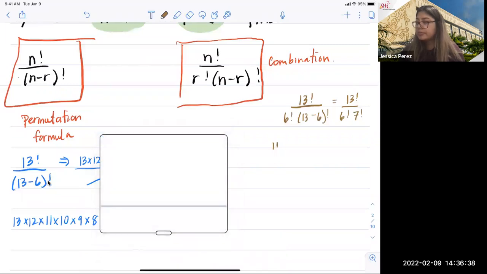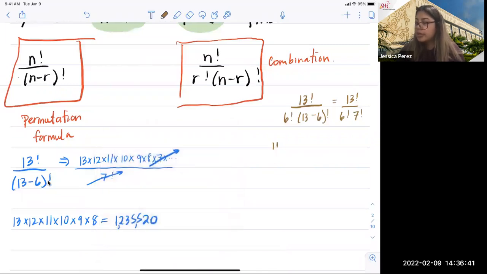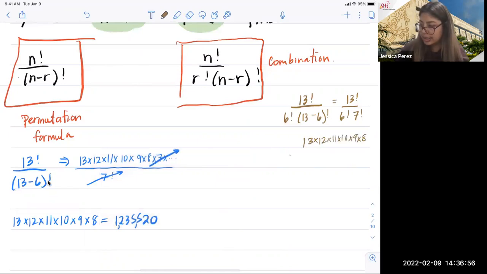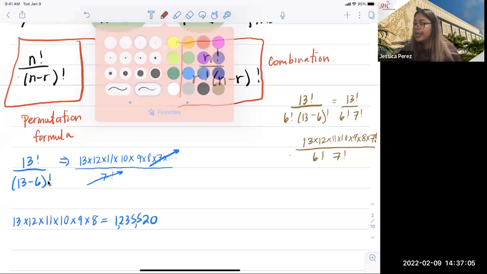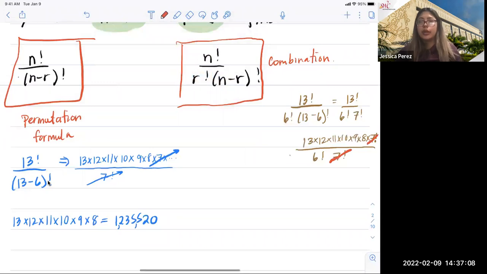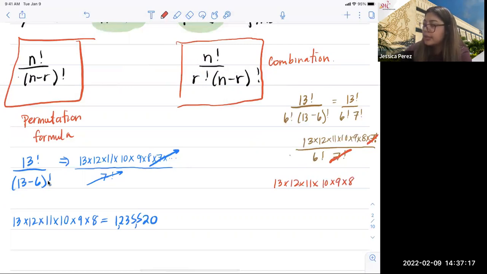We're going to do 13 factorial, which is 13 times 12 times 11 times 10 times 9 times 8 times 7 factorial. And then there's a 6 factorial downstairs and a 7 factorial. You're going to cancel all of the 7 factorials, and then you're going to have 13 times 12 times 11 times 10 times 9 times 8 all over 6 factorial.